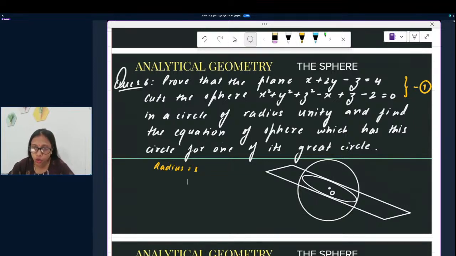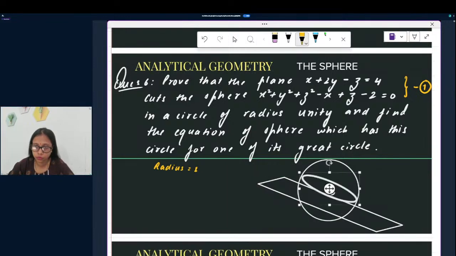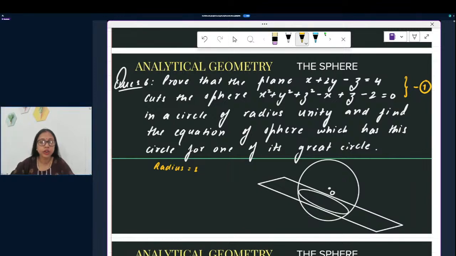See, this is the original sphere. That's the plane, and you found the radius of this circle of intersection. That radius is 1.